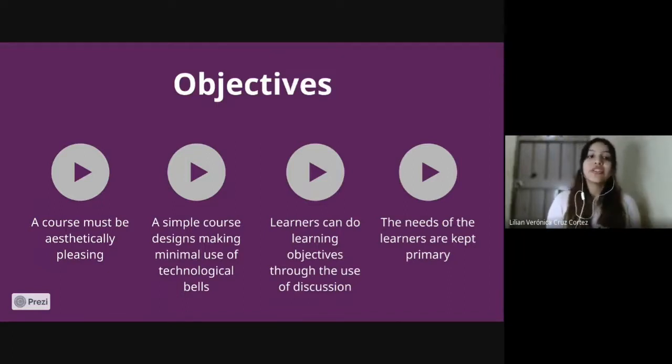Also, learners can meet learning objectives through the use of discussion, and the needs of the learners are kept primary, right? Knowing this, it is stated that technology needs to be treated as just another learning tool, because technology is only a vehicle to meet learning objectives.